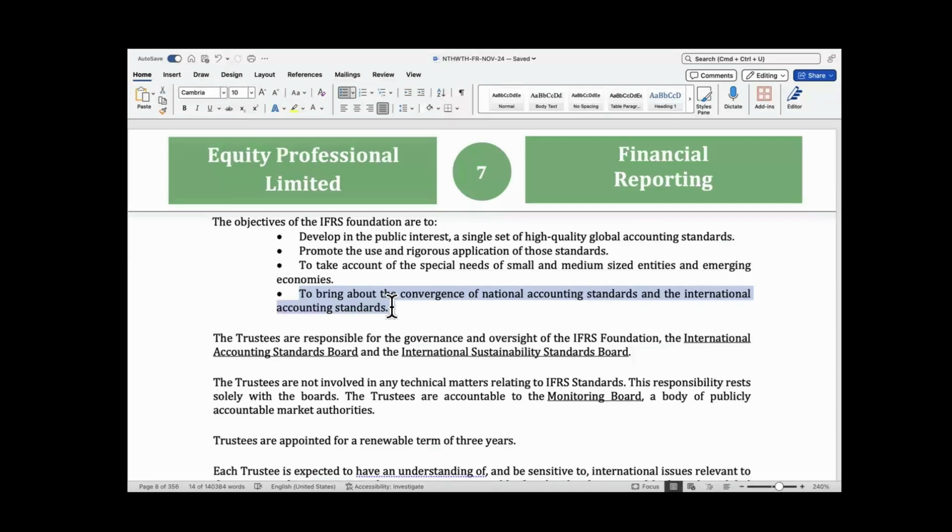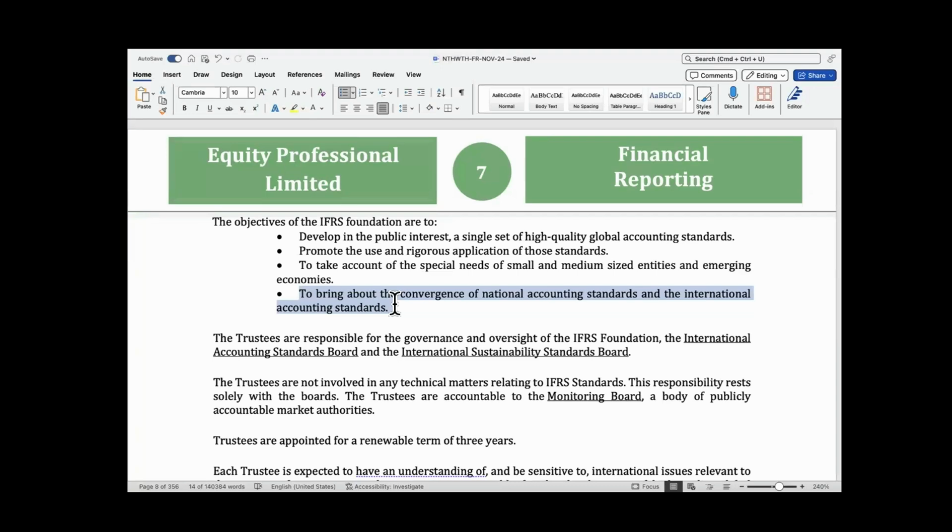So they encourage convergence: even if you don't want to use IFRS, can we make our treatment similar? And that is what this body, IFRS Foundation, is doing with the US, with the FASB, the Financial Accounting Standards Board in the US.